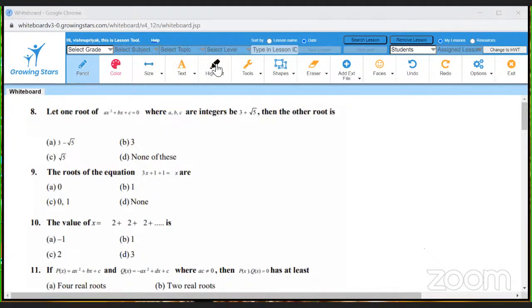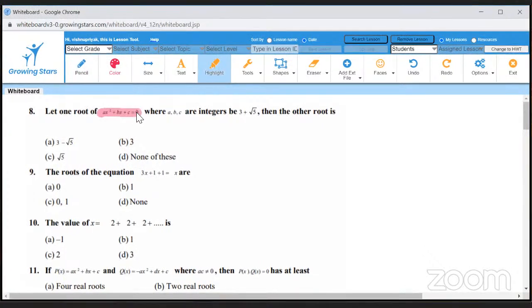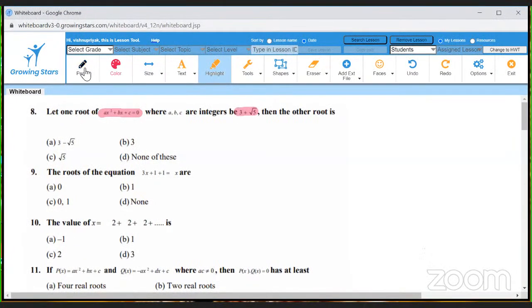In this question, question number 8, 1 root of the quadratic equation is given as 3 plus root 5. Obviously, they're asking the other root. It will be the conjugate, 3 minus root 5.